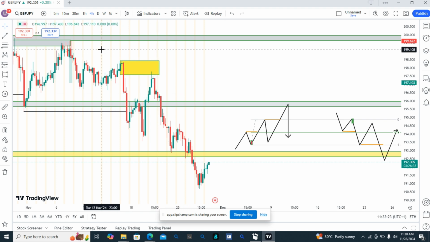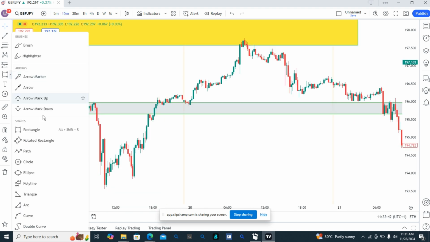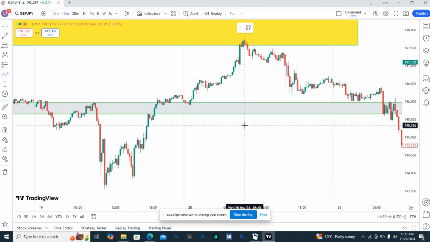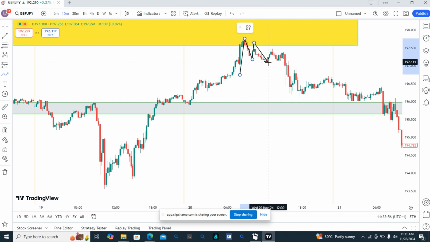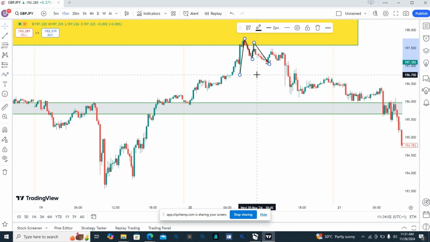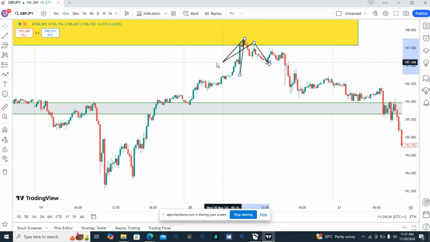So now let's go down to 15 minutes. Attention, this is the time for you to learn these things once and for all. You can see that price moves up creating a higher high and comes back to create a higher low. It tries to push up again. It couldn't. And price breaks below it, causing a change of character. Let me bring this in so that you notice it.